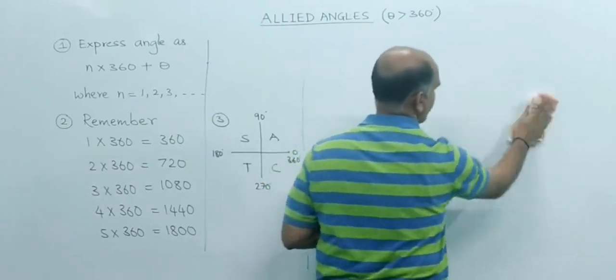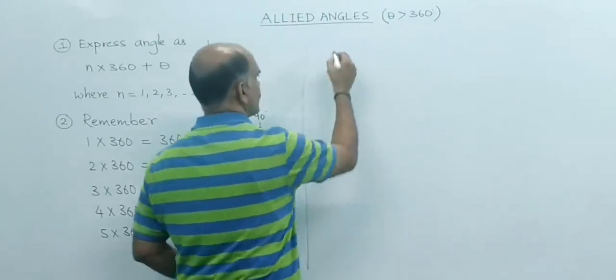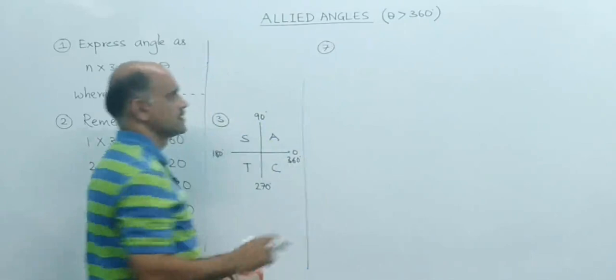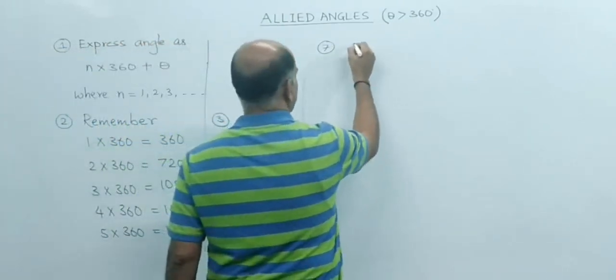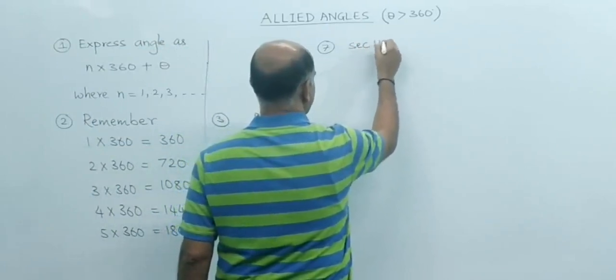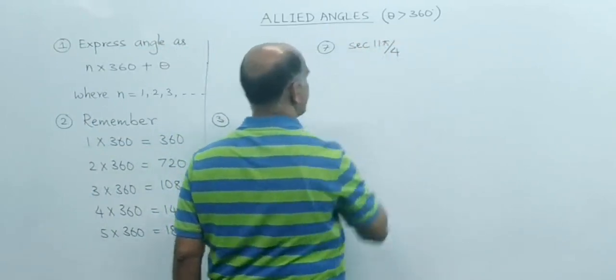So seventh, if I take the seventh one, secant 11 pi by 4.